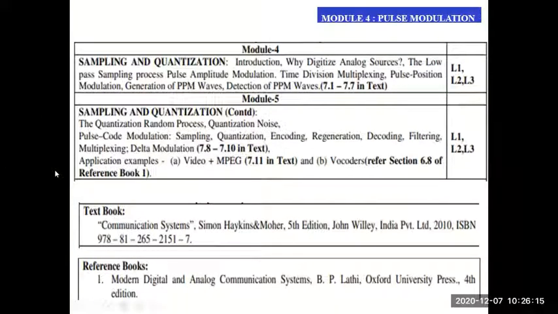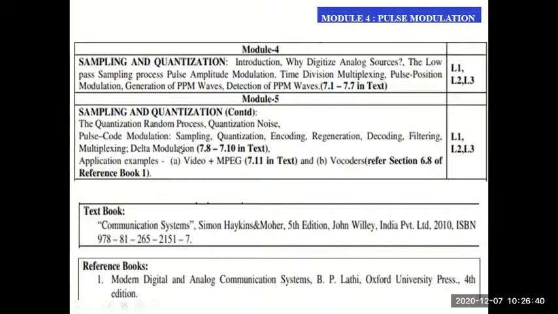And then an advanced version of pulse code modulation, or PCM, called delta modulation. What is delta modulation? It was basically designed to overcome one disadvantage of PCM. What is that disadvantage and how does delta modulation help us overcome it? All that we'll be studying.